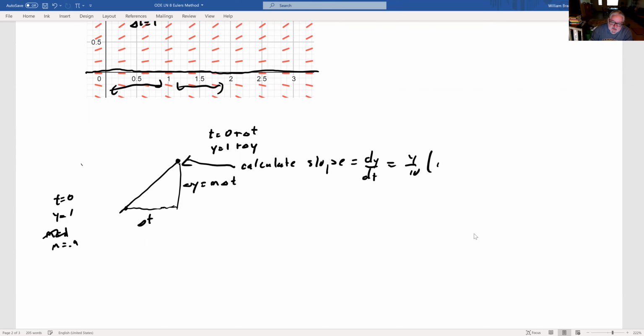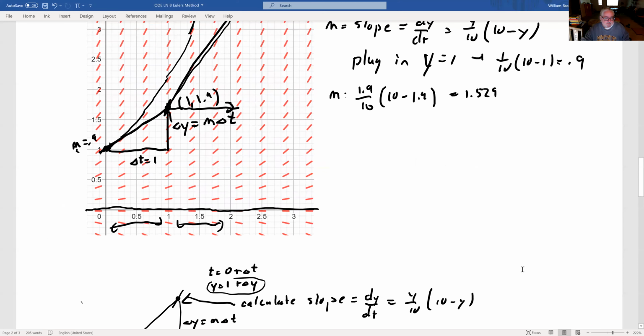And so we can just calculate this again using our new y, and that gives us another slope. And then you can just repeat it. This is called the step size. The bigger you make it, the worse the error, but the shorter the computation time. The smaller that you make it, the less the error, but the longer the computation time. Then you get a larger number of steps that you have to do.